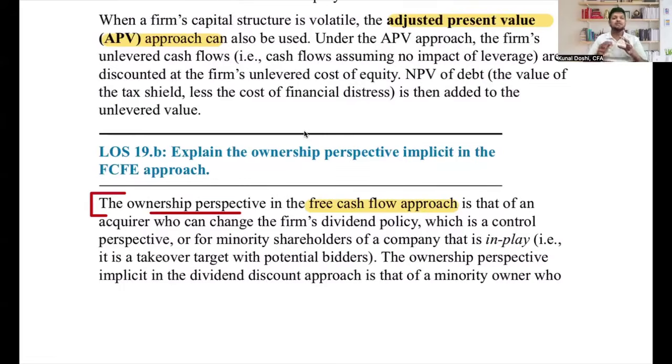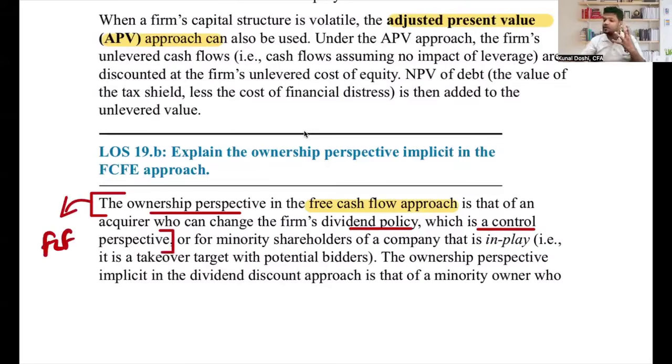In this case, we use the free cash flow approach. So we use the free cash flow approach when we can change the dividend policy, which is the control perspective.